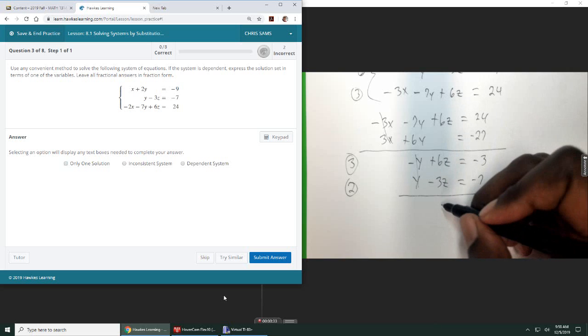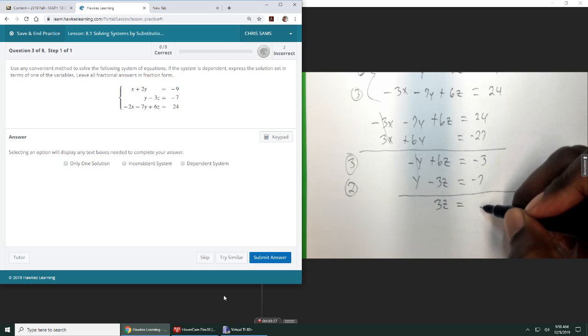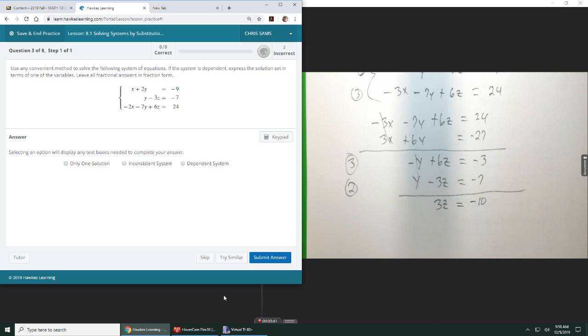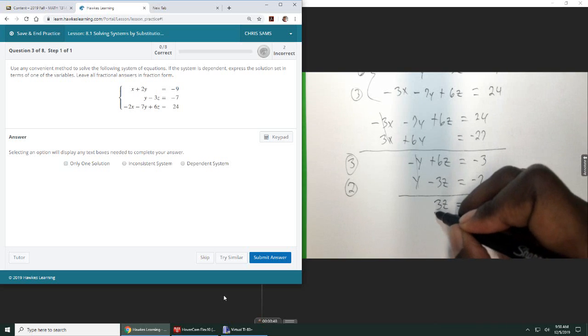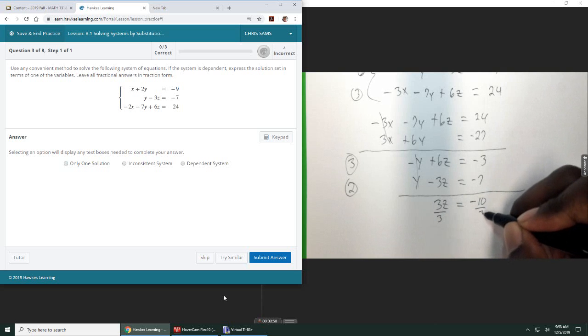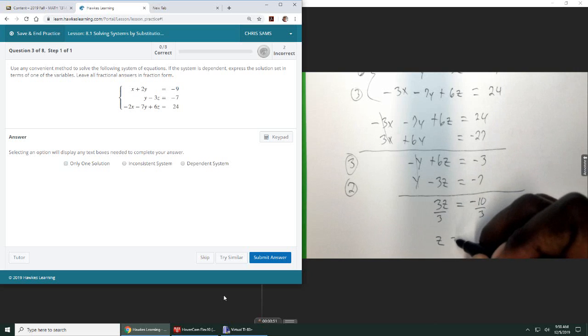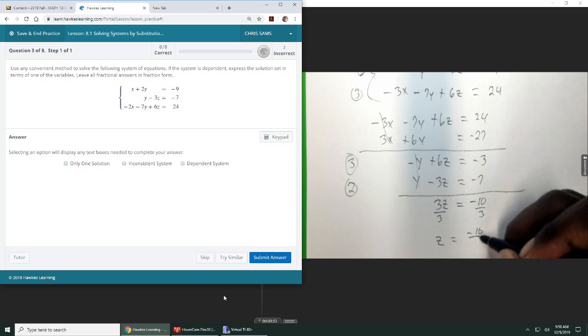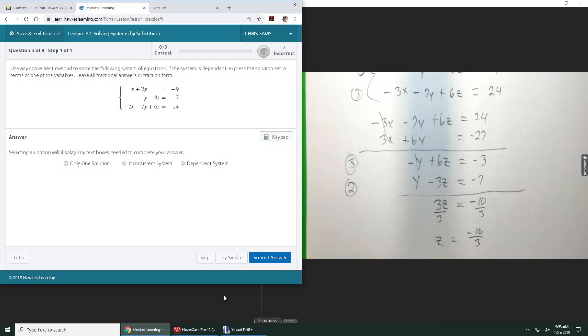Combine the z's, and we get positive 3z equals negative 10. And then dividing by 3, we get that z is equal to negative 10 over 3. And we'll leave it in fraction form.